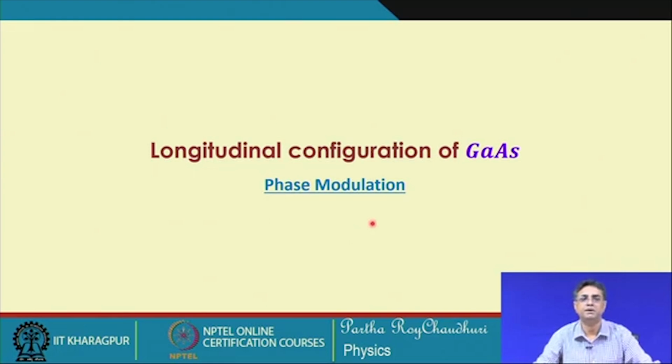As we will remember, for phase modulation, we will have to launch the light into the crystal with its polarization axis along one of the new eigen axes, that is x dash or y dash, and light will be propagating along the z direction.